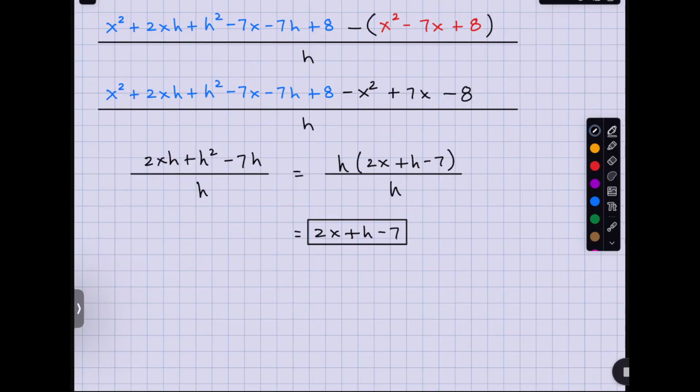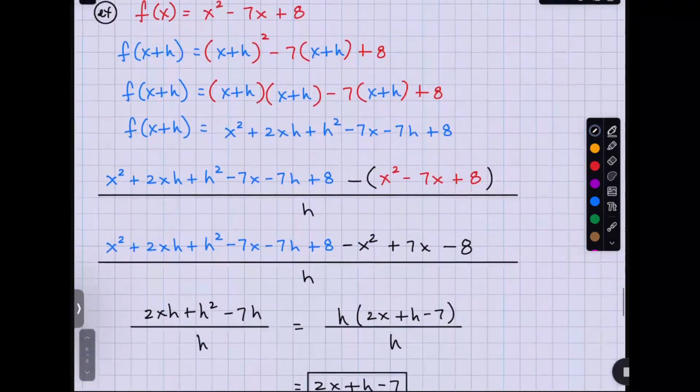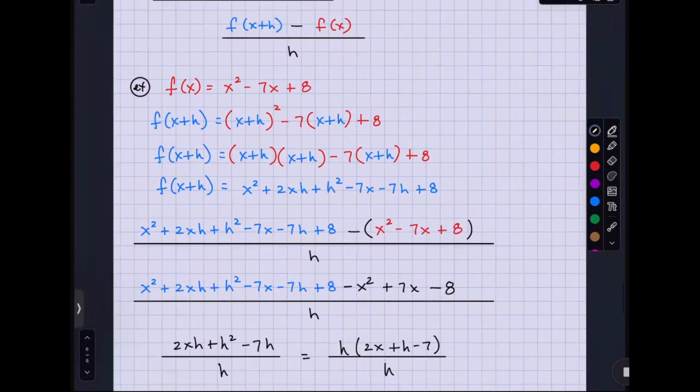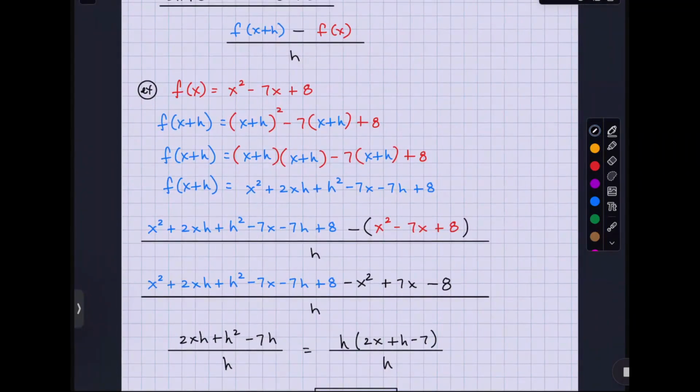So let's go through the process again. Anytime there's a difference quotient, number one, the function is given. F of x is always given. So first thing we have to do is find f of x plus h. Once we find that, we're going to plug those two things back into the fraction. The f of x should always cancel out.